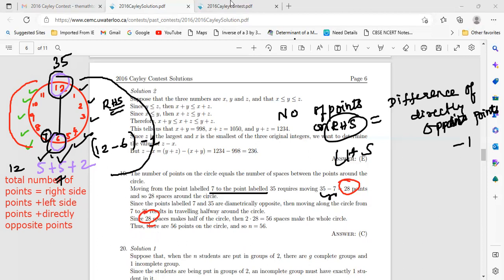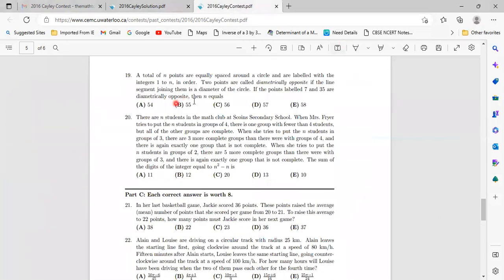Let's go back to the question once and we'll verify our results. If the points labeled 7 and 35 are diametrically opposite, then n equals.